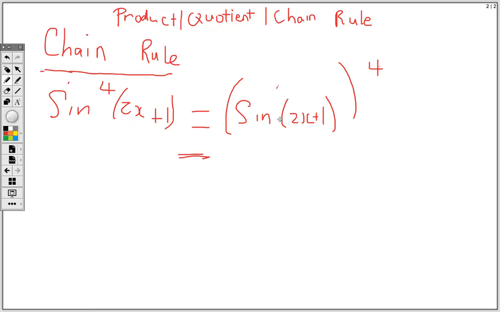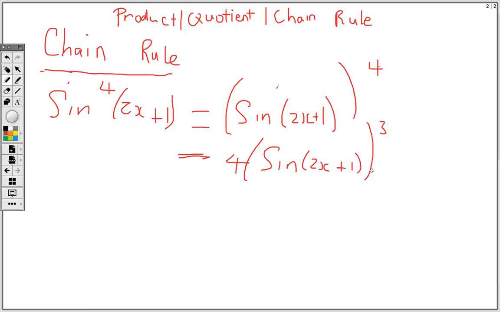Then we're going to go ahead and carry the 4 in front, write the sine 2x plus 1 inside the bracket, close bracket, then subtract 1 from 4 and left with 3.